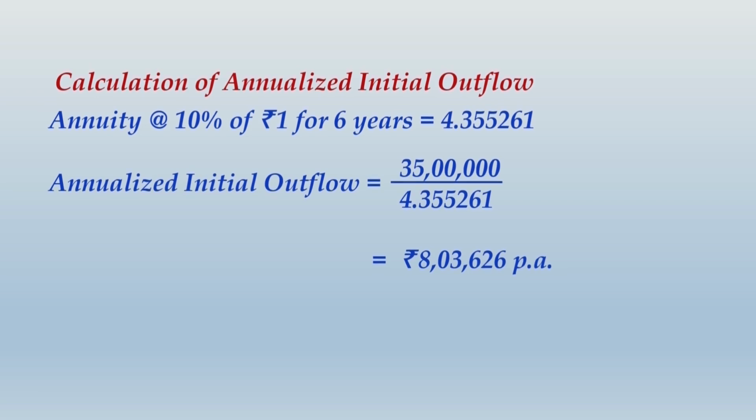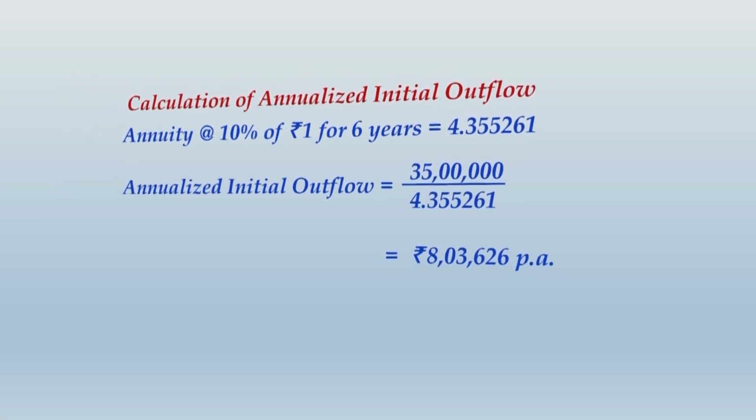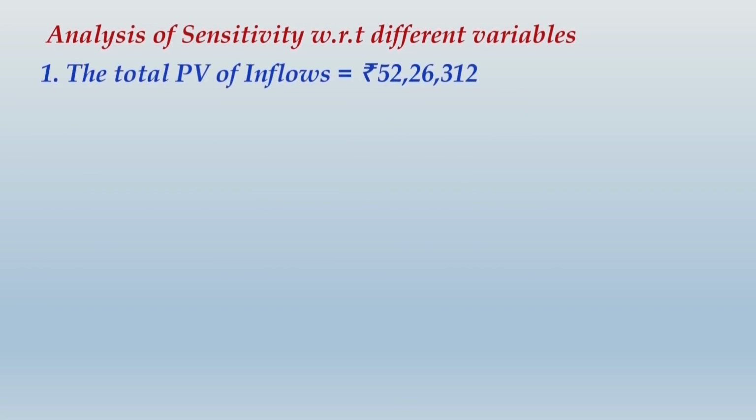Alright friends, I am sure you have finished writing this much. Let us move ahead and start writing further. Analysis of sensitivity with respect to different variables. Now the total PV of inflows, what we have already obtained, it is 52,26,312. Whereas the cost of the project is only 35 lakhs.